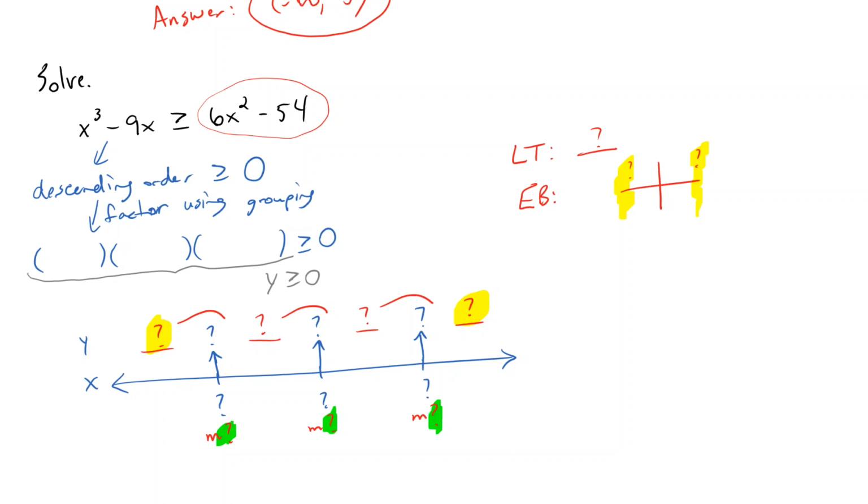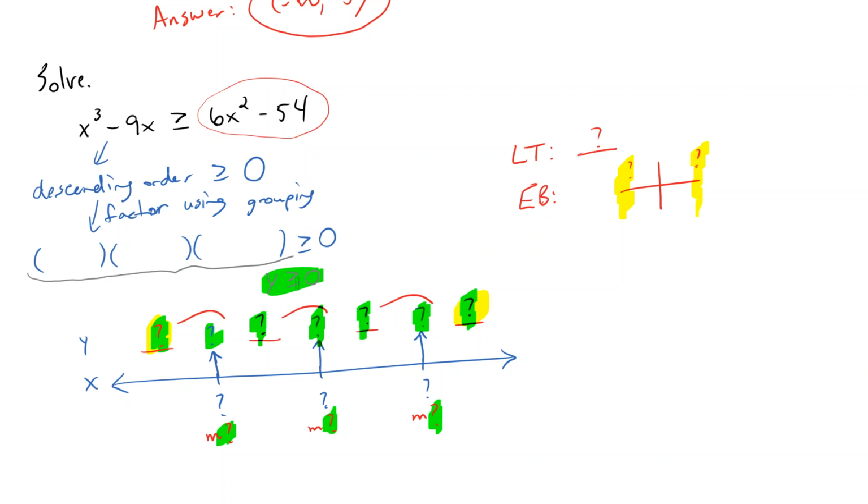Then finally, to finish off, we want to know where y is greater than or equal to 0. So go through and look at each of the y values here, right? Each y value. And put a check mark next to those that are greater than 0, so that means positive, or equal to 0. So if they're equal to 0, put a check mark also.